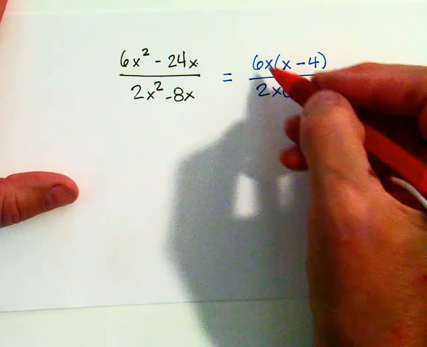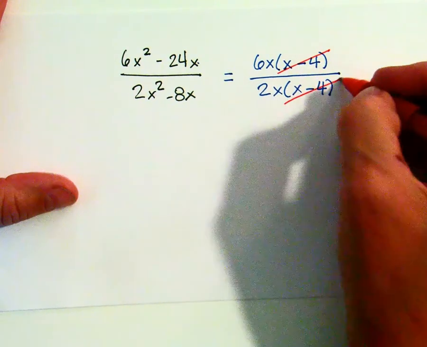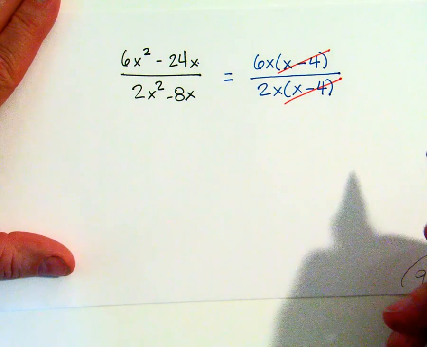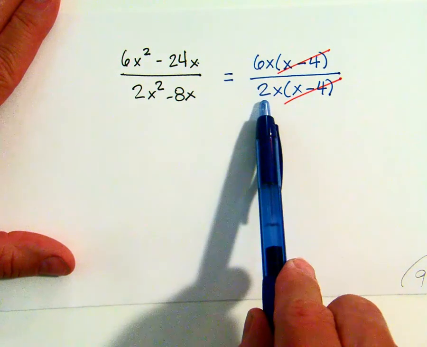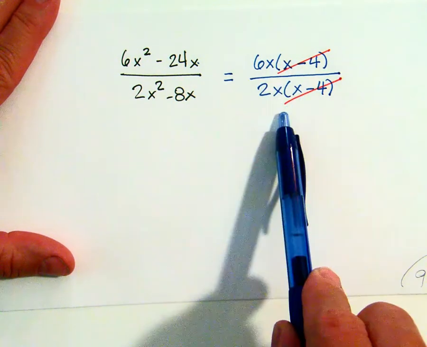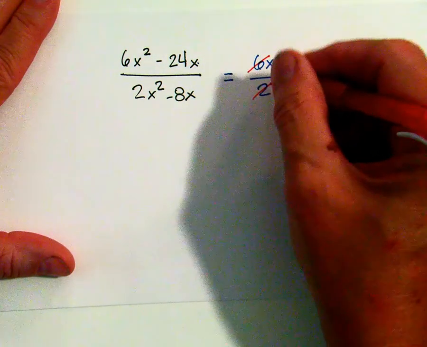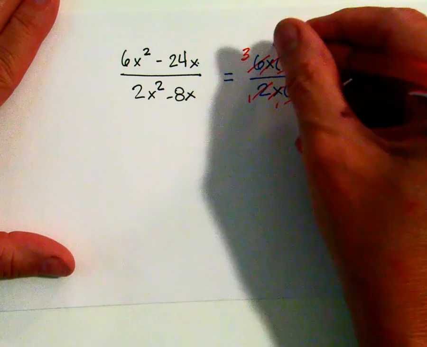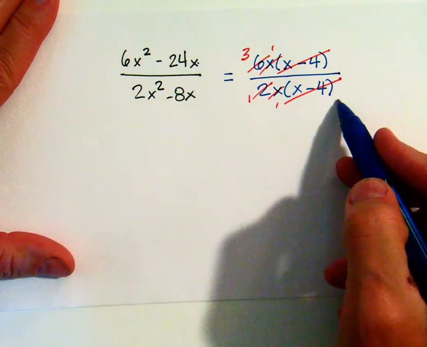So again, the group is multiplied. So I'm canceling multiplication even though there's a subtraction inside because I don't care about that. You may want again to write these as separate ones. 6 over 2, which is 3, x over x, which is 1. Or you can, depending upon how comfortable you are with it, just go ahead and do it from here. So what's left on top is 3 and what's left on bottom is 1.